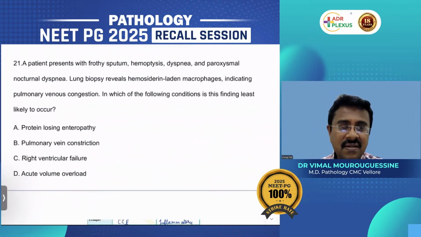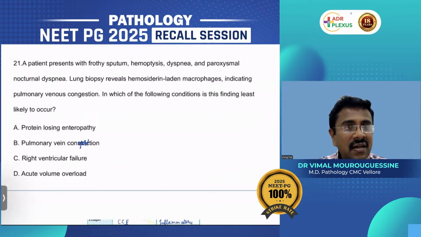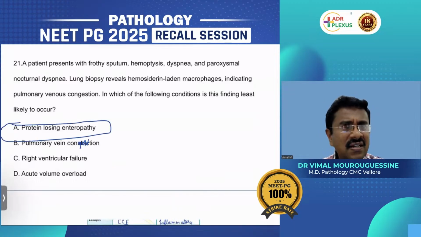Moving on to the 21st question, in which I am not sure about the clinical scenario given, but the theme of the question that we could recollect from the students was hemosiderin-laden macrophages. Hemosiderin-laden macrophages will be seen in all of the following conditions except. In pulmonary vein congestion or constriction, or even right ventricular failure or acute volume overload, you can see hemosiderin-laden macrophages, but protein-losing enteropathy has nothing to do with hemosiderin-laden macrophages. When bleeding occurs, macrophages loaded with hemosiderin will usually be seen.